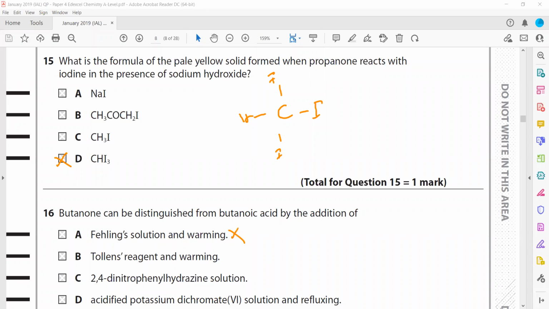Tollens' reagent also, aldehyde can be oxidized, but not ketone or carboxylic acid. 2,4-dinitrophenylhydrazine is a test to identify the aldehyde or ketone group. So C is the right answer. Acidified potassium dichromate, ketone and carboxylic acid both cannot be oxidized, so it does not show a color change.